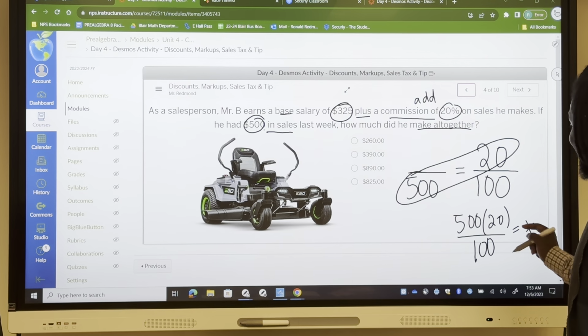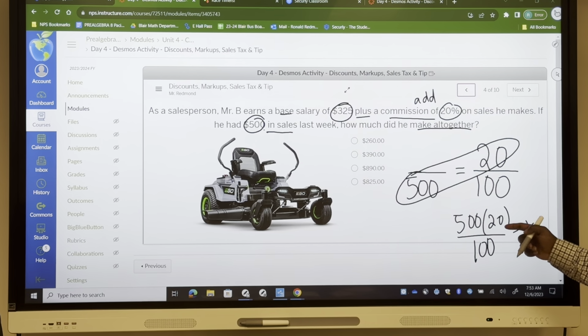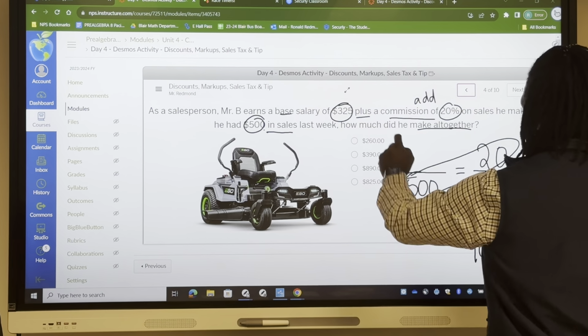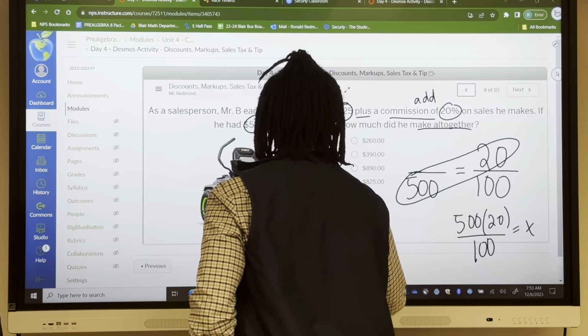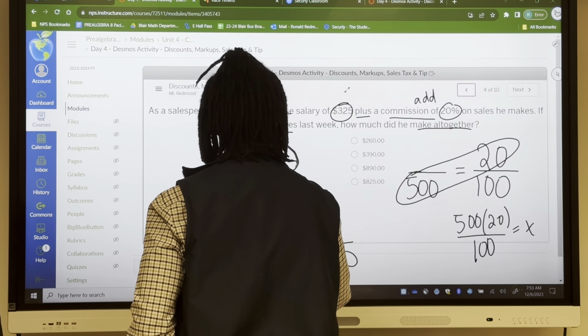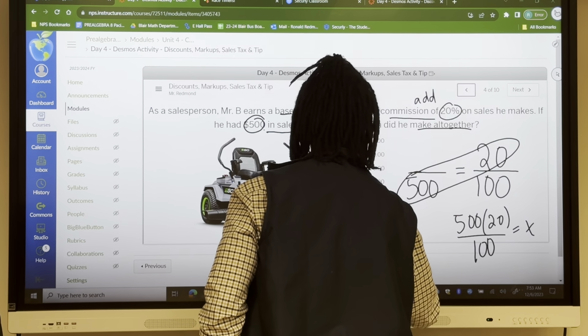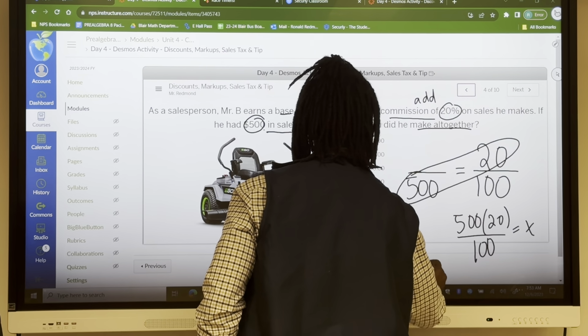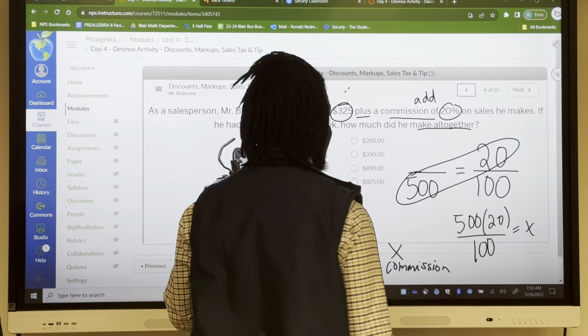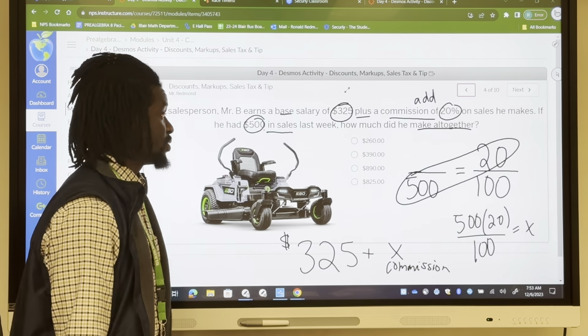Once I get this amount right here, this X, I'm going to take that and add it to the 325. So I got 325 plus what I got here in commission. And that will give me my answer there.